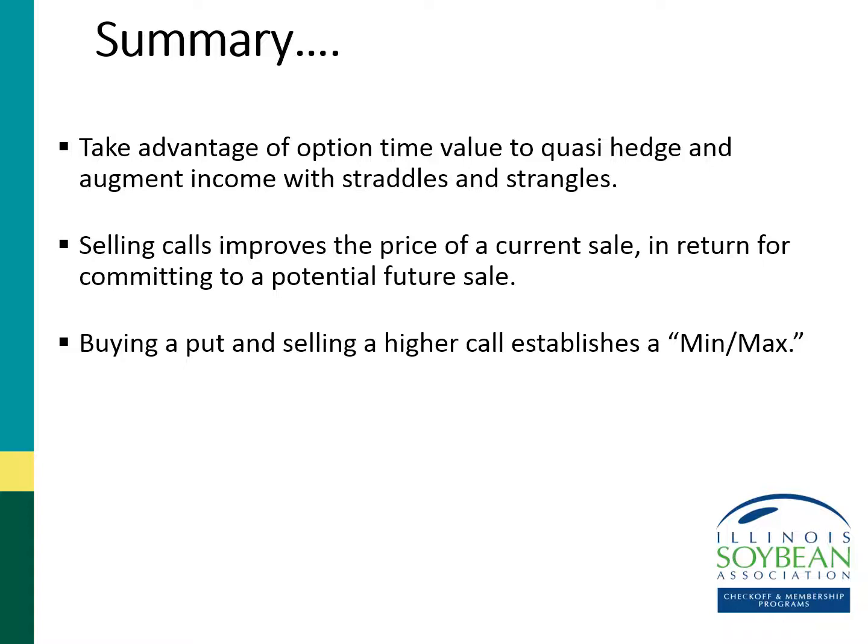Selling calls can also improve the price of a current sale, as we did in the premium price contract, in return for committing to a potential future sale. And then, of course, buying a put and selling a higher call establishes something comparable to the min-max cash contracts that you're likely familiar with.